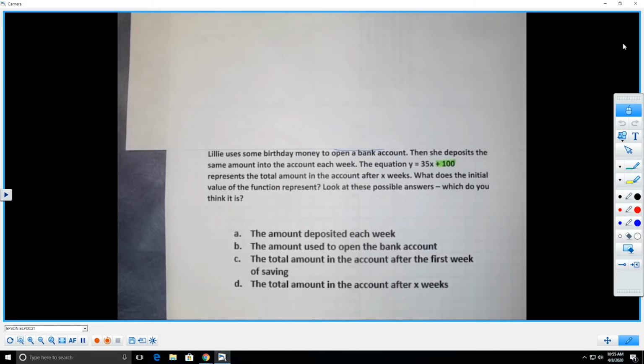Think about how much Lily uses to open the bank account and how much she deposits each week. Which answer do you think is correct?